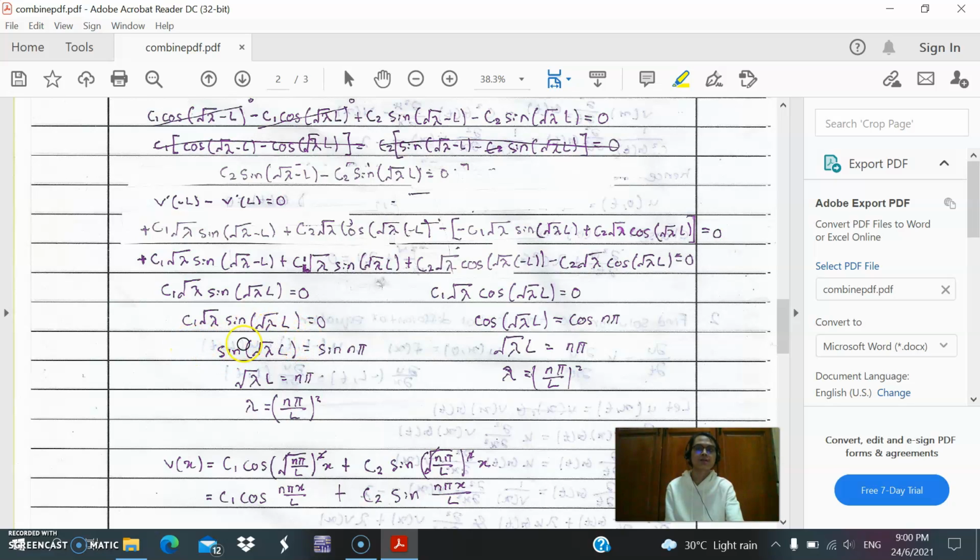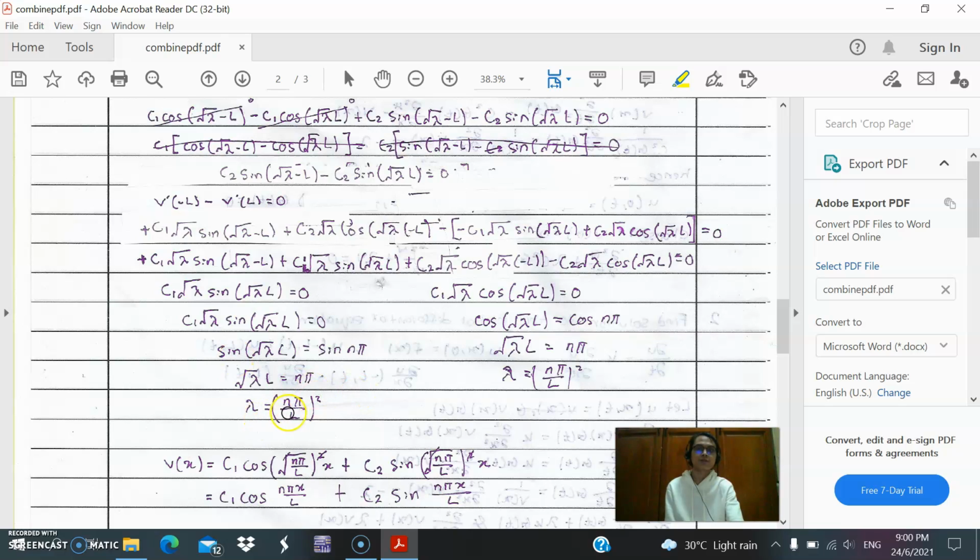What is our lambda? So, first sin square root lambda L equals to sin n pi. Why we use sin n pi? Because sin n pi equals to 0. So, we can find the lambda.